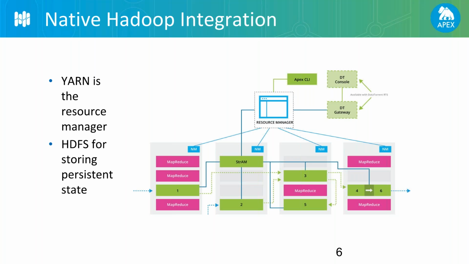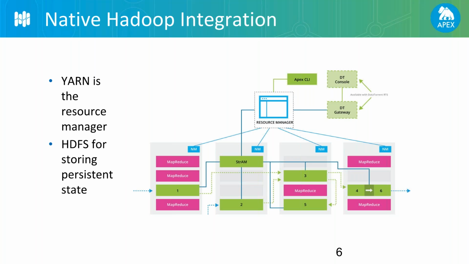If you look at the current slide, you will see some pink blocks, which are your existing MapReduce containers from different Hadoop applications, while the green boxes are Apex containers. There are roughly 6 operators in this application: 1, 2, 3, 4, 5, 6.